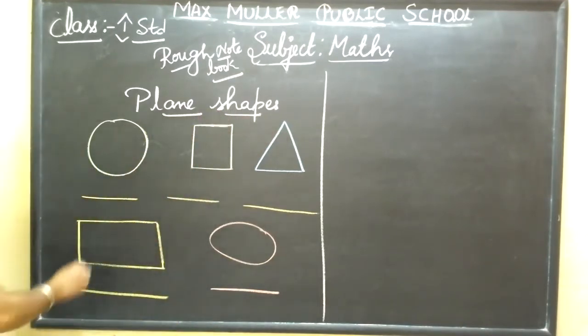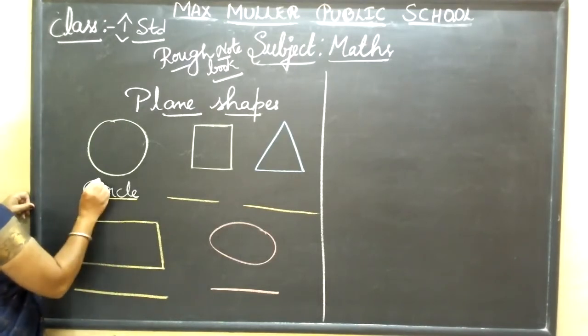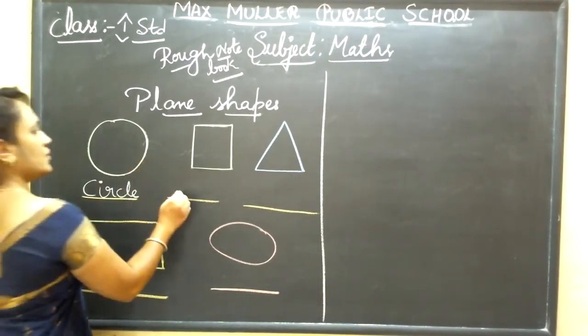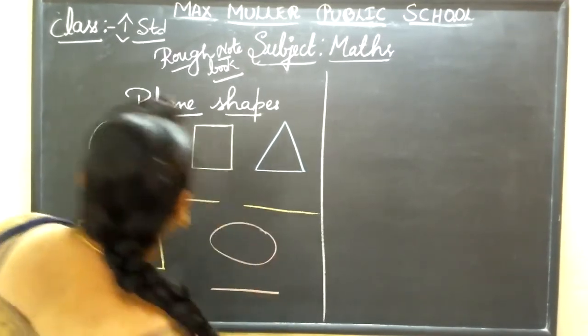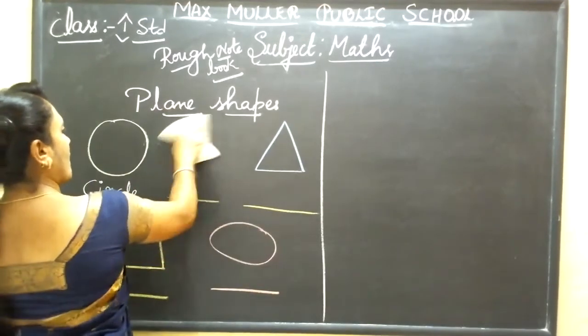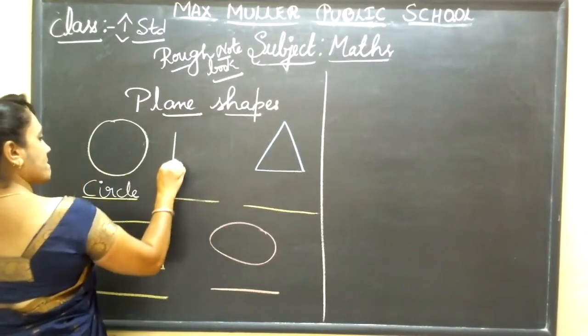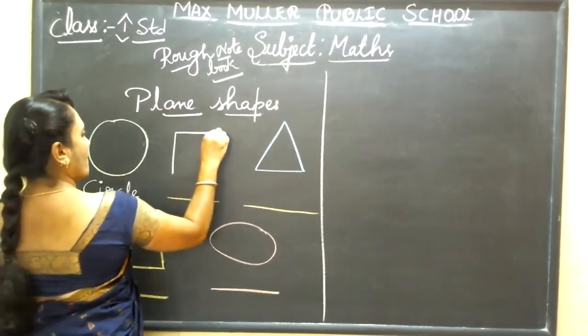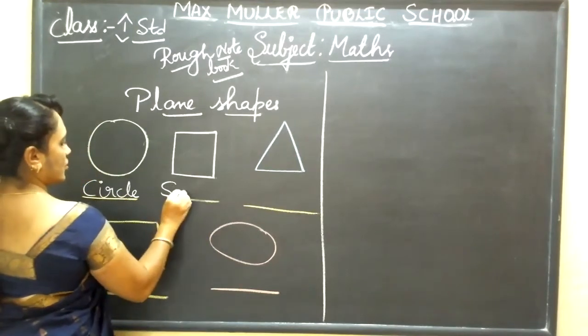What is the shape? Circle. C-I-R-C-L-E, circle. This one, what is this? Square.